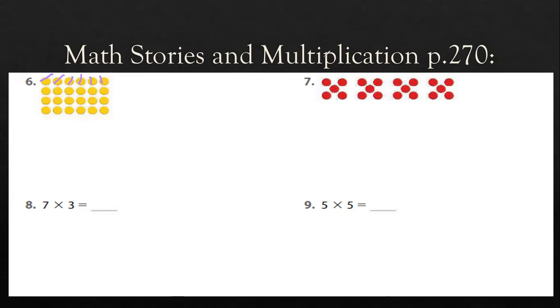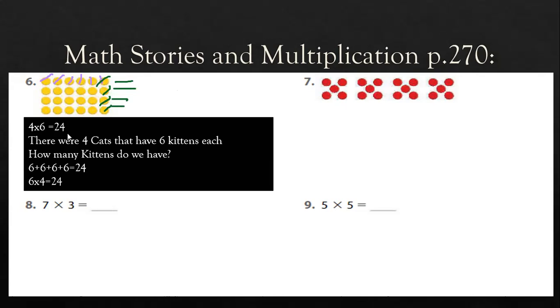Let's count the other. I can choose yellow, use green. 1, 2, 3, 4. So I have 4 rows and 6 columns. So what will be the answer here? It will be 6 multiply 4, which is 24, or you can add 6 four times or 4 six times.